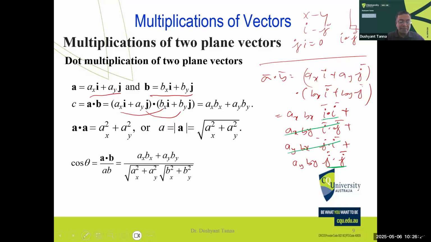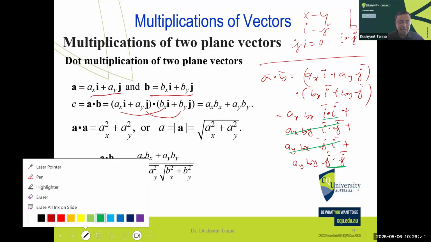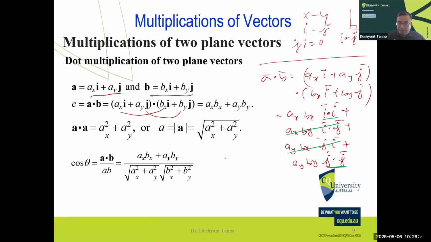So what we are left with is AX BX plus AY BY. This is a long one, but it was FYI, to increase your understanding. Moving forward, it is just the multiplication of the x part plus the multiplication of the y part.